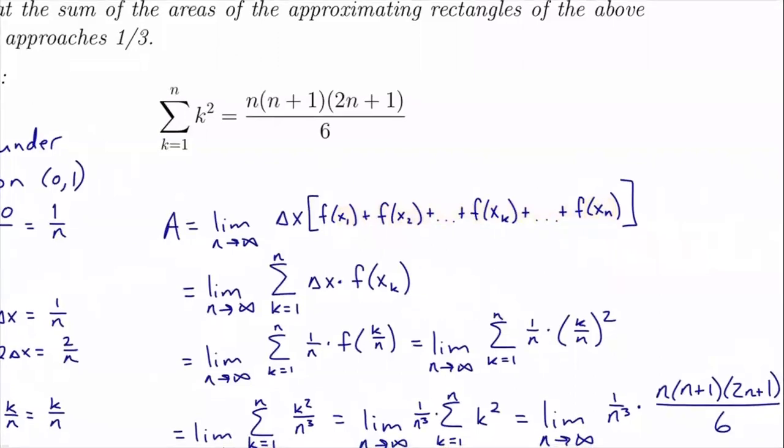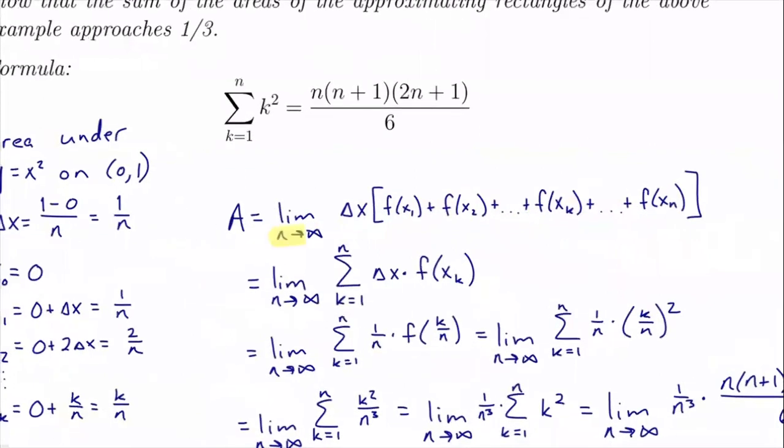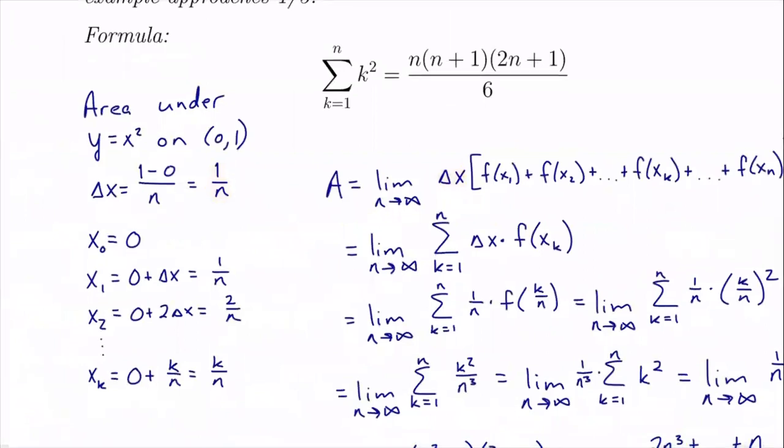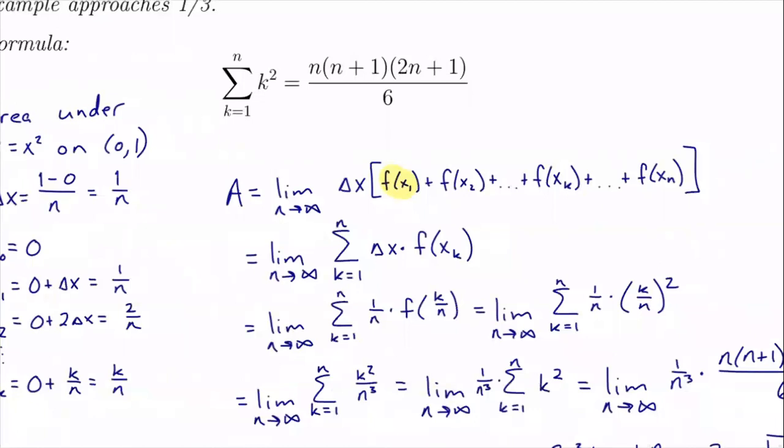Now remember, I've got delta x times each of these rectangle heights, so that way I actually calculate the rectangle area. And if I do this process, taking the limit as n goes to infinity, what will happen to delta x? Well, delta x is 1 over n, so its length shrinks to 0 in this limit. And for the f of xi's, we get infinitely many of them.